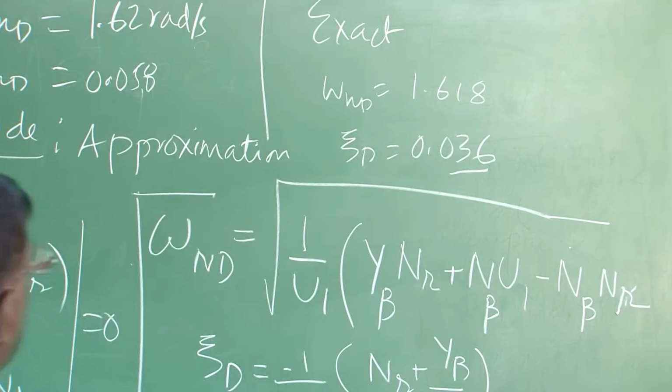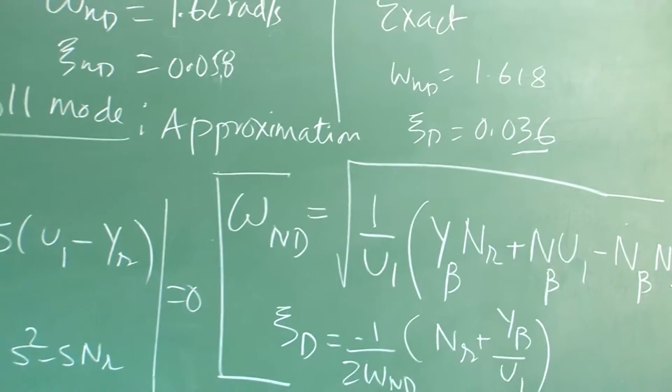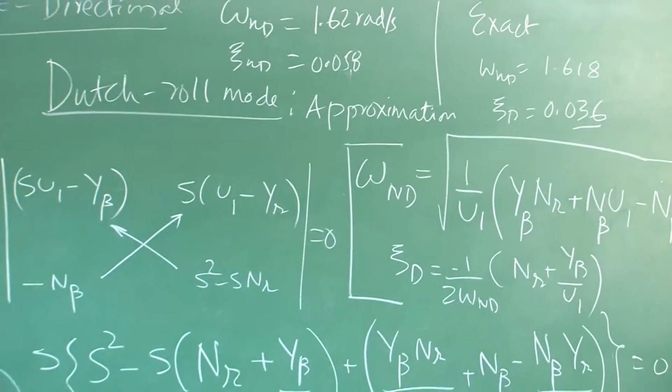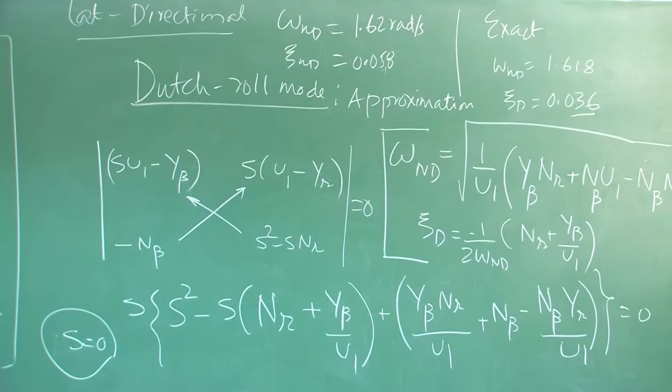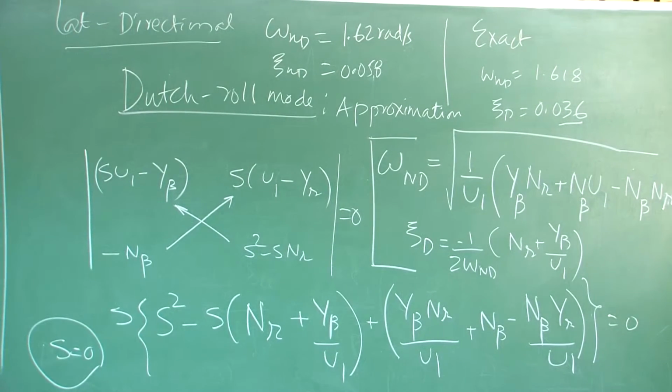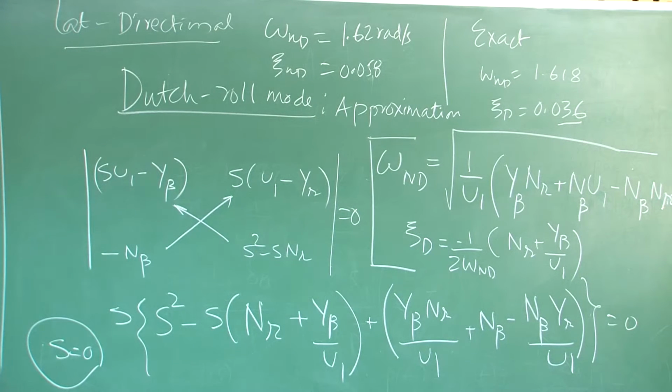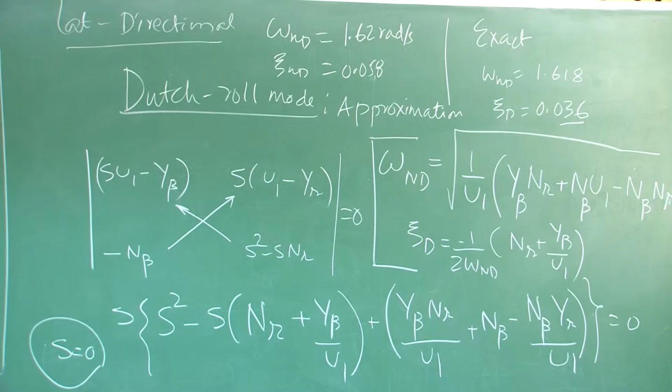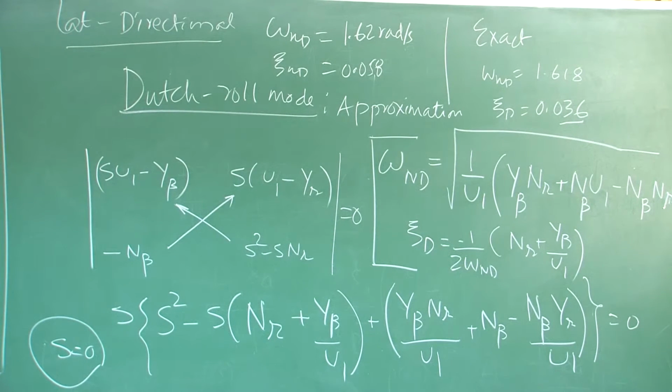So you could see as far as omega is concerned, not that different, and zeta is also close, not that bad. But the problem is that nowadays, in airplanes, there will be a large value of Ixz and the cross moment of inertia. In that case, this approximation is likely to fail very drastically.